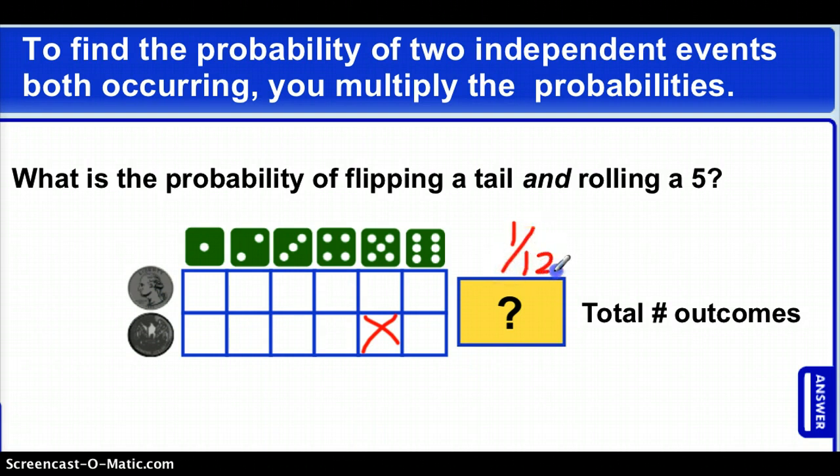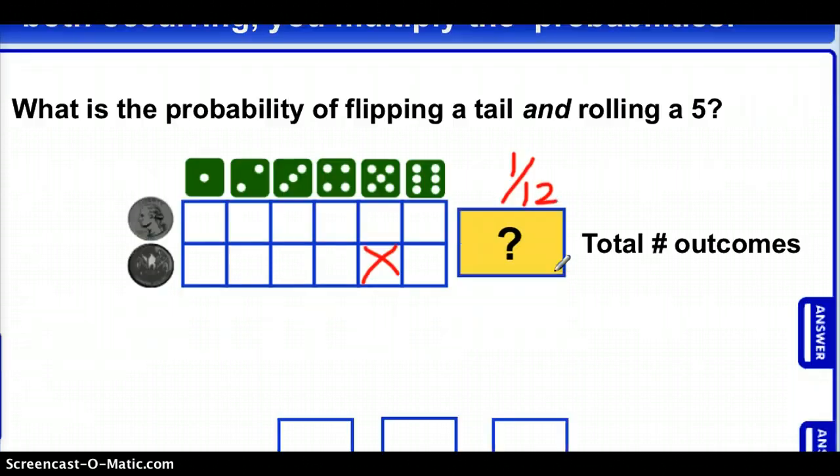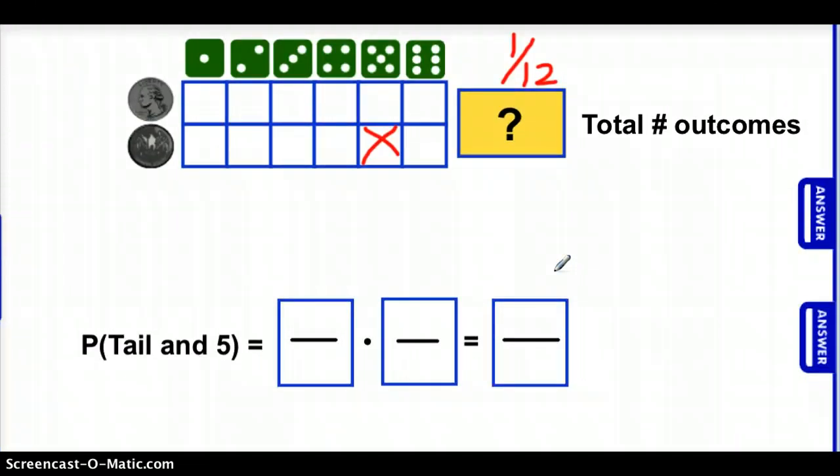Now let's break that down just a little more and look at it in terms of each individual event occurring. So the probability of a tail is going to be one desired outcome, that would be the tail, out of 2 possible outcomes, because it could be a head or a tail.